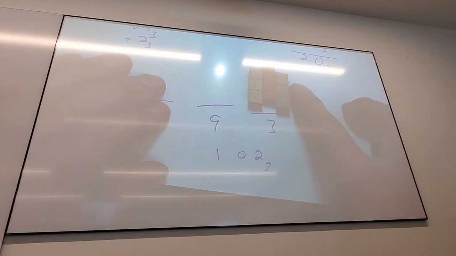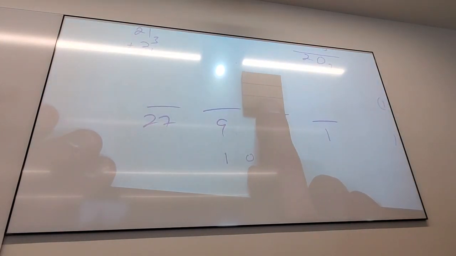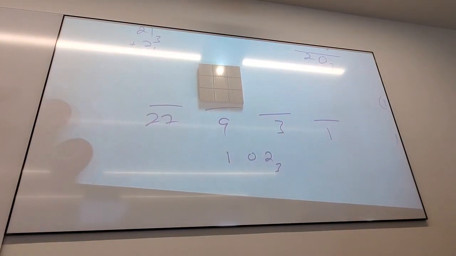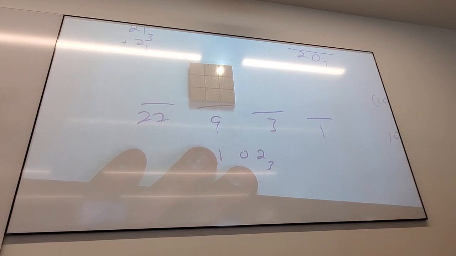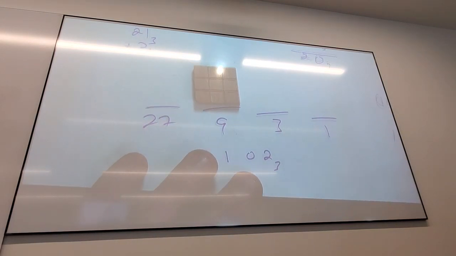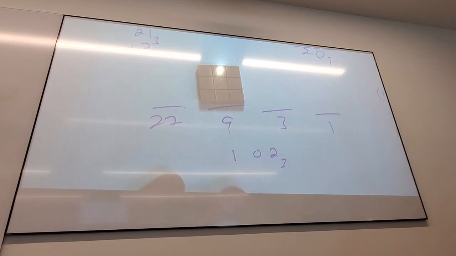There. Carry the 1. What shape did I make? 9. This shape. Where's that shape supposed to be? Carry the 1. So now I got 1 0 0, right? So that's just like 99 plus 1. Carry, yes? Is that right? Oh, you guys love this, I can tell.